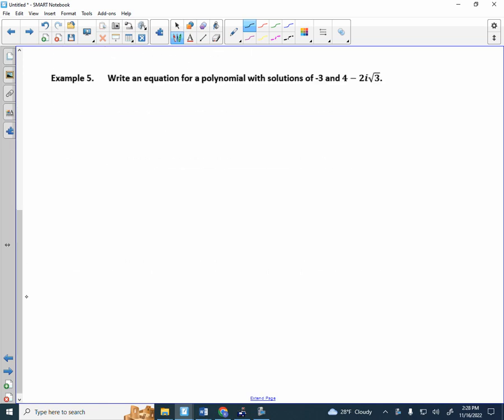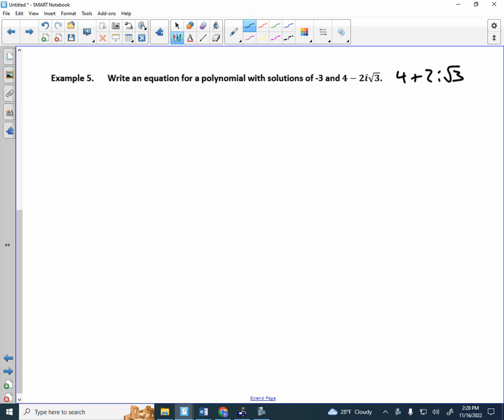Last problem. Write the equation for a polynomial. Solutions are negative 3 and 4 minus 2i roots of 3. Is 4 minus 2i roots of 3 the only imaginary solution? Then you would also have 4 plus 2i roots of 3. You have 2 solutions that are imaginary. They never happen alone. They always happen in pairs.